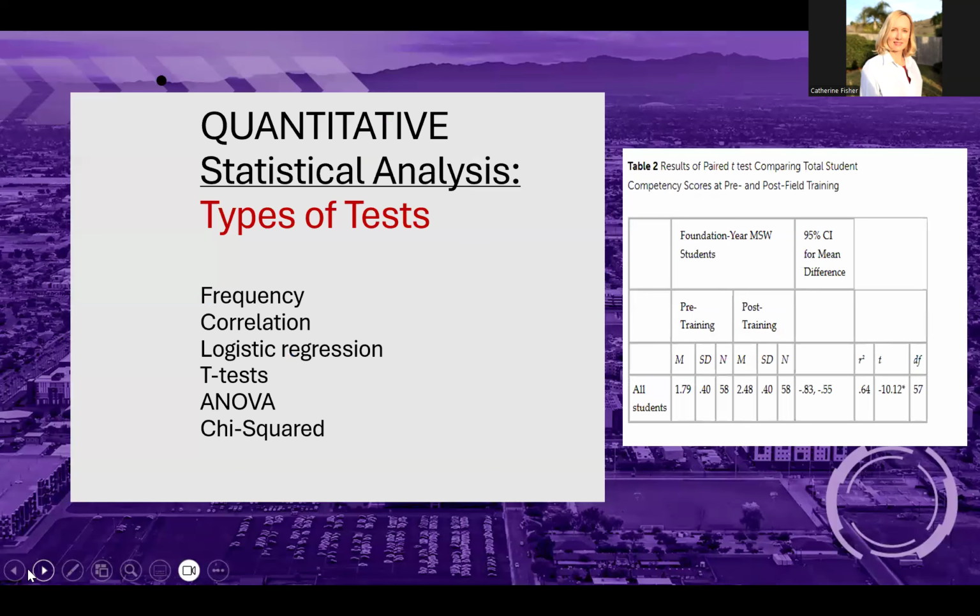So quantitative statistical analysis typically uses these types of tests: frequency tests, correlation tests, logistic regression. That's where you're using multiple variables and modeling them to see how many are having a stronger or a smaller predictive relationship and predicting that outcome, that independent variable and dependent variable relationship.